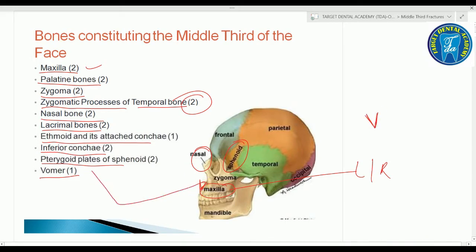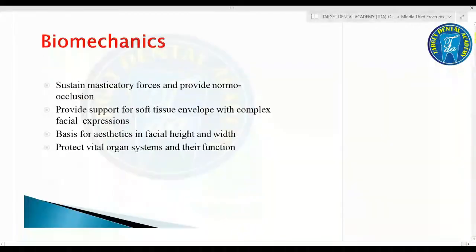Fine. In this we also have the frontal portion, the parietal bone, the temporal, occipital, sphenoid and ethmoidal. So these are the bones which constitute the middle third of the face.